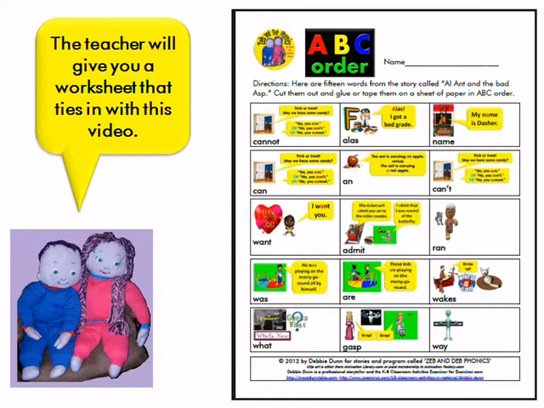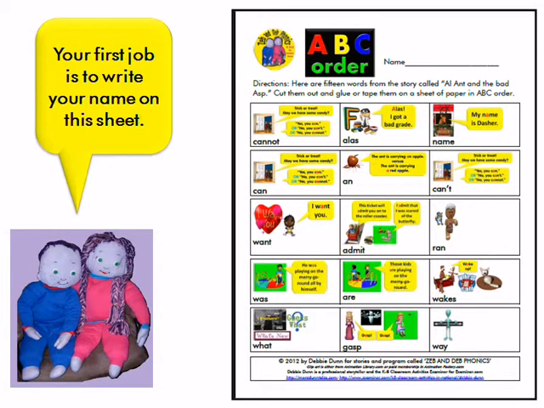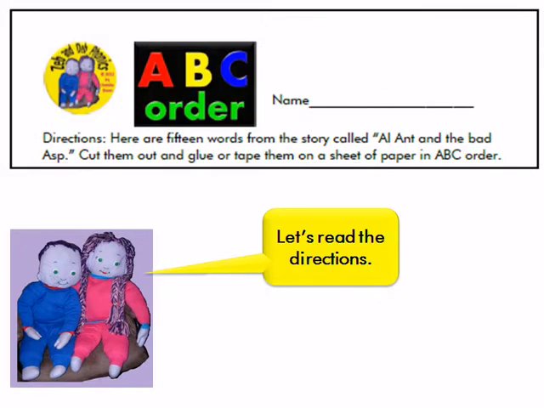The teacher will give you a worksheet that ties in with this video. It looks like this. Your first job is to write your name on this sheet. Let's read the directions. Directions. Here are 15 words from the story called Owl Ant and the Bad Asp.